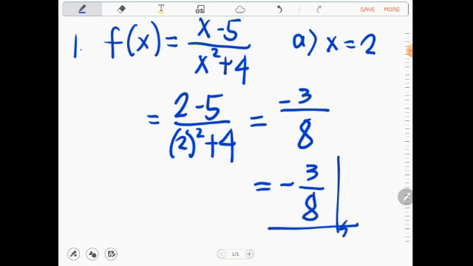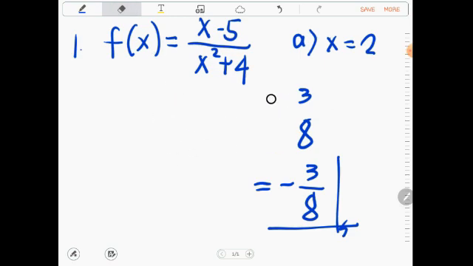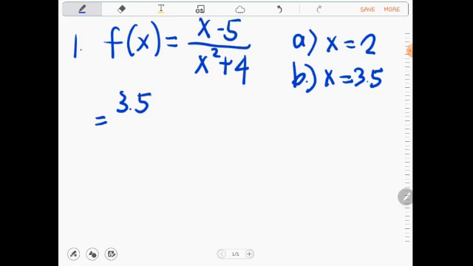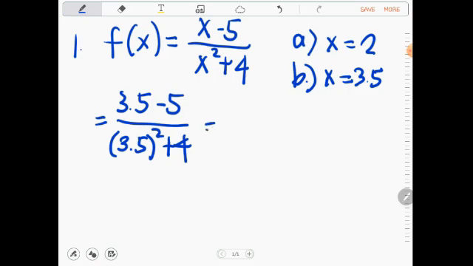Okay? For letter B, yung value ng x natin ay equals naman siya sa 3.5. And that is equals to 3.5 minus 5 all over 3.5 squared plus 4. 3.5 minus 5 in fraction form is equals to negative 3/2.